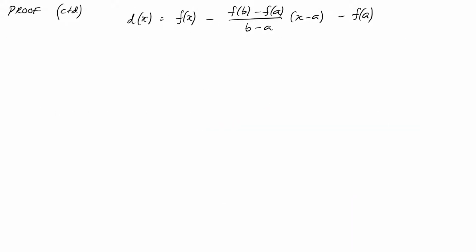So with a bit more extra space available to us, we'll look at this function and we'll apply Rolle's theorem to it. So note, d of a equals 0, which also equals d of b. Again, I encourage you to actually plug it into the formula and double check that works out, but it does.